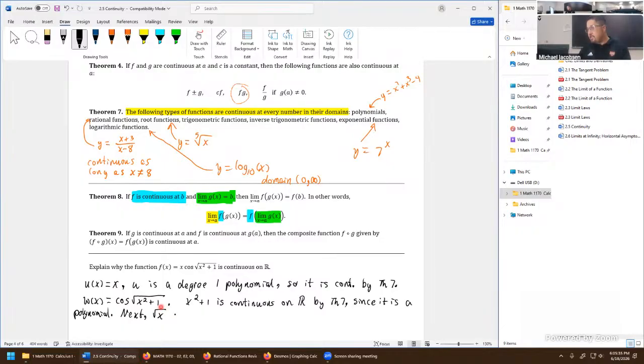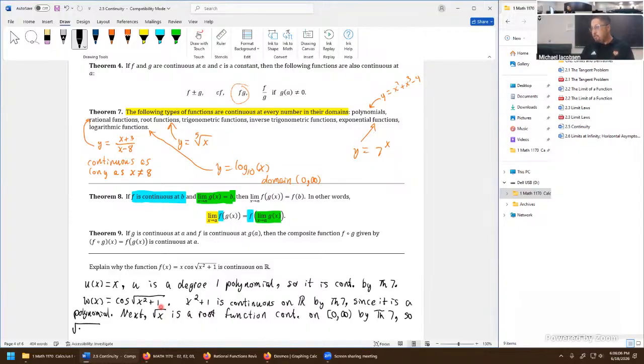Square root x is a root function, continuous on 0 to infinity by theorem 7. I'm using TH, just a shorthand for theorem, but I'll usually try to capitalize the T in that shorthand.